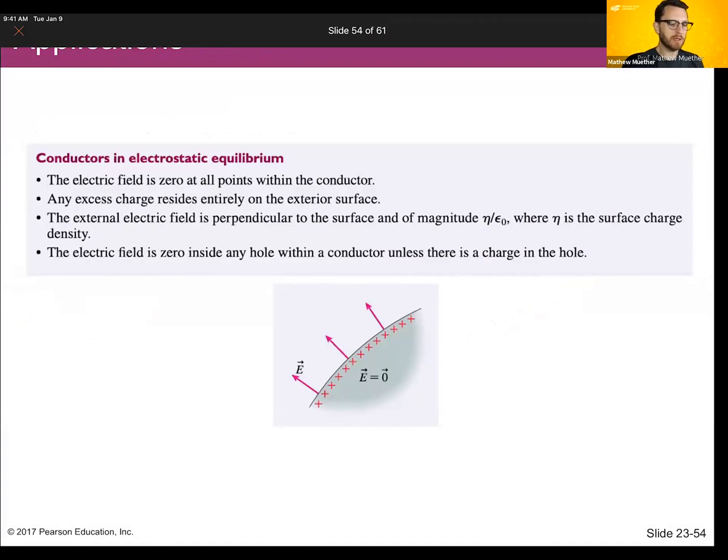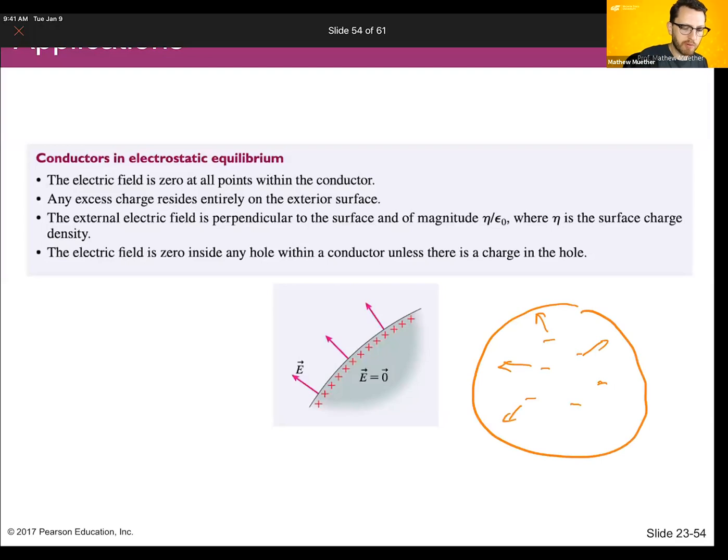A conductor, remember, is a material where free charges inside of that conductor are free to move around. So if I have a conductor, and say I have a bunch of free electrons inside of this thing, we know they're all going to push on each other, and that Coulomb force is going to push all of these objects that are free to move to the surface. They just repel each other to the surface.